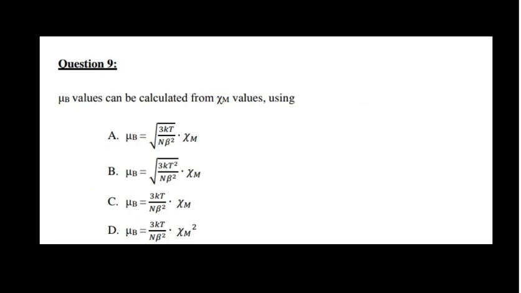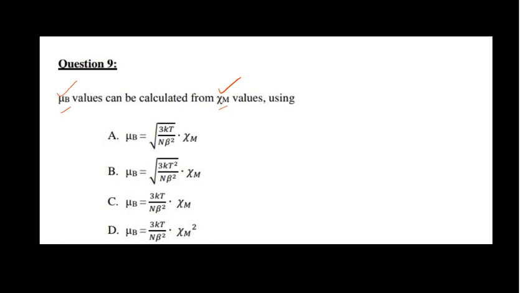Again, this is based on your learning capacity, or on your memory actually, and it's a very simple problem. Your mu B values can be calculated from molar magnetic susceptibility values. So basically it is about how the magnetic susceptibility and the magnetic moment can be correlated.